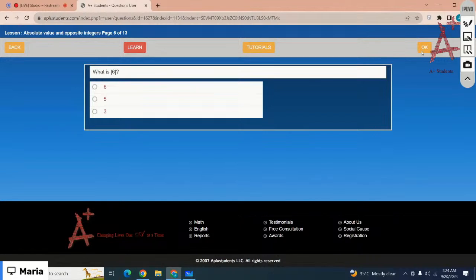The correct option is, yes, it is 6. Very good. What is the absolute value of negative 1?